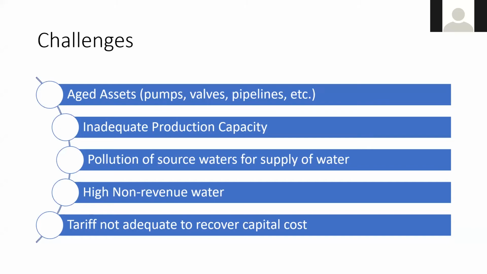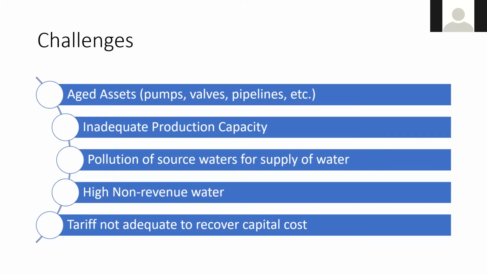Inadequate production capacity. This is also one thing that we have to deal with, with the growing demand. We have our plants designed to serve a specific number of customers.